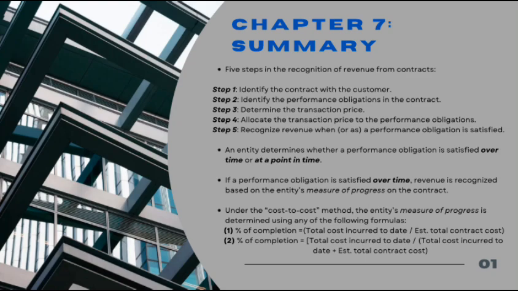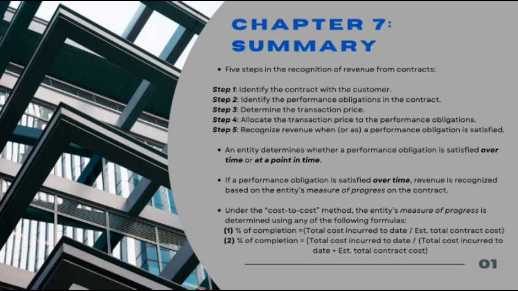Next is to determine the transaction price. The transaction price is the amount the entity expects to receive in exchange for fulfilling the performance obligations. Fourth is to allocate the transaction price to the performance obligations.